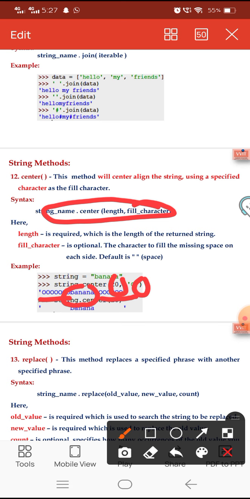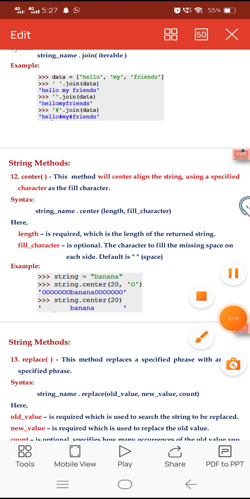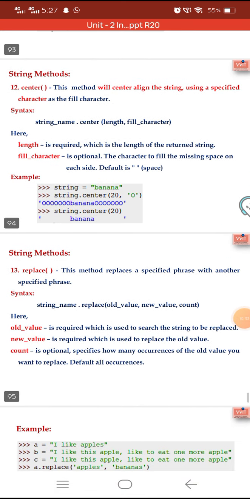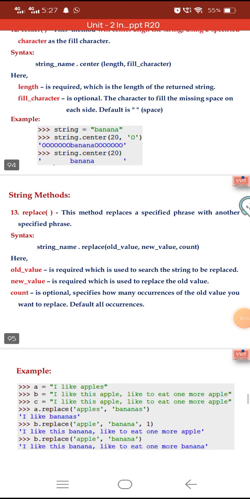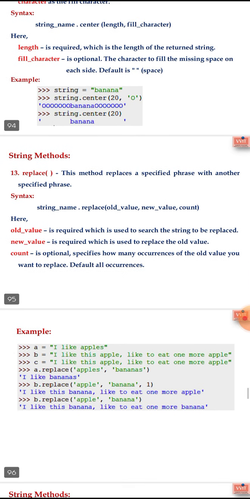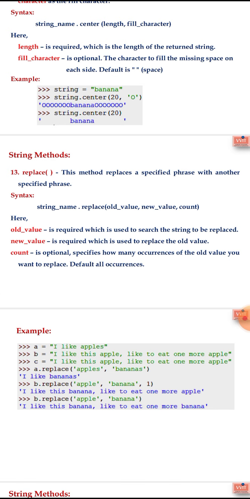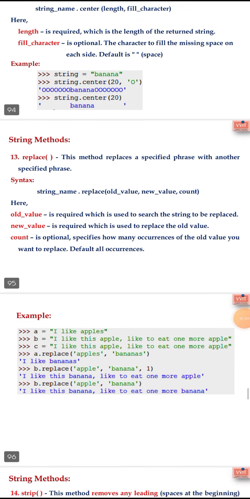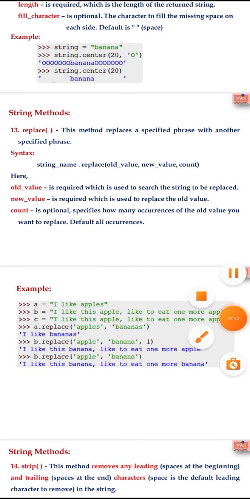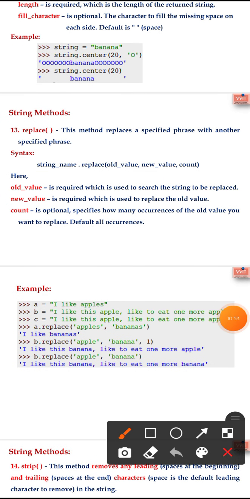The next one is replace. The method replaces a specific phrase with another specified phrase. Example syntax is string name dot replace old value, new value, count. Example, A is equals to I like apples. Now A dot replace apples with banana. So in the place of apples it prints banana. So I like bananas.